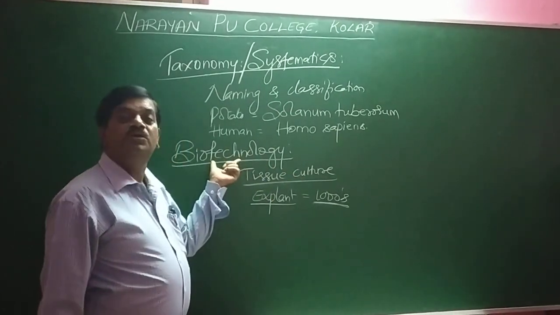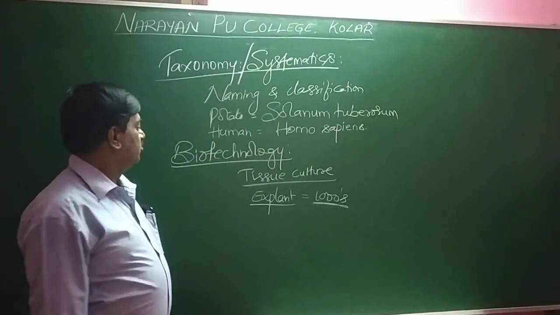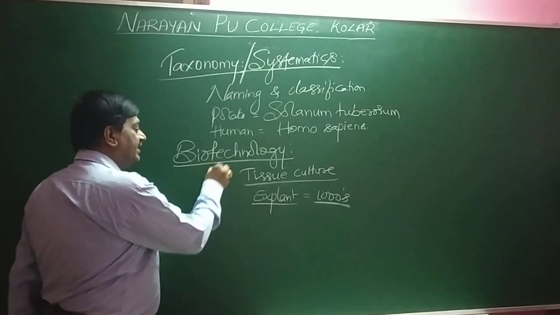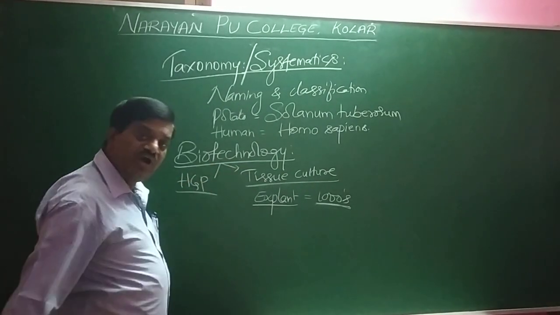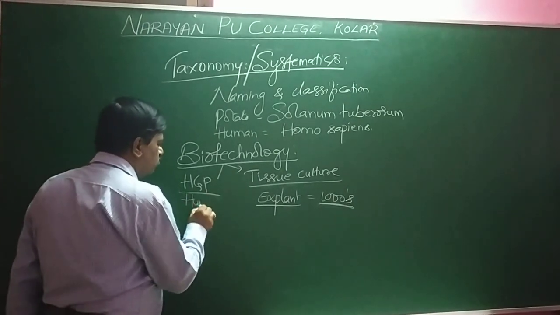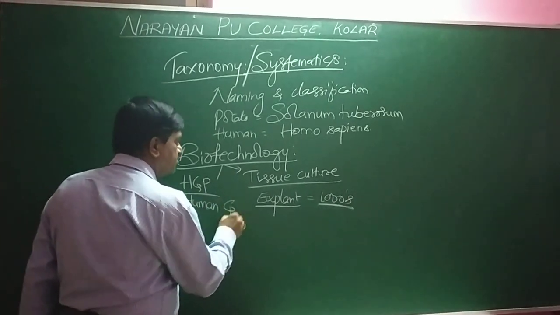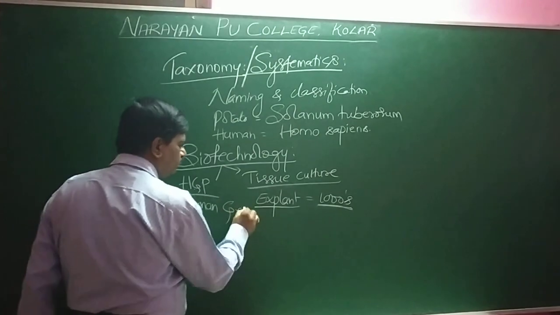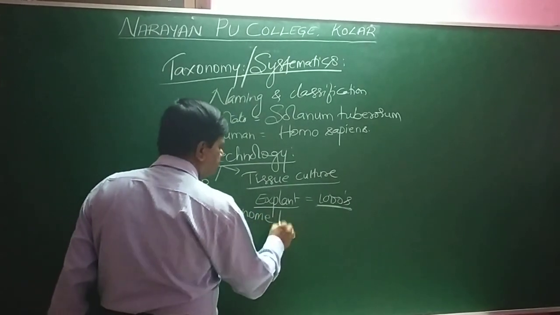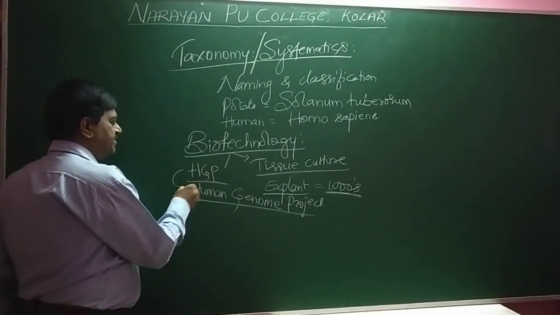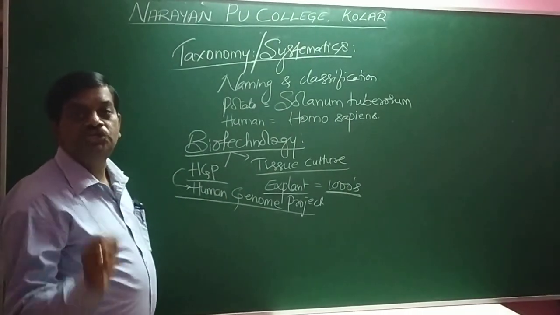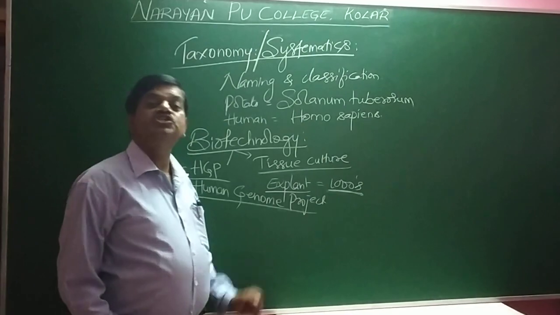This comes under biotechnology. Or we go for one more under this called HGP. The word HGP stands for Human Genome Project. Here, HGP is nothing but Human Genome Project.